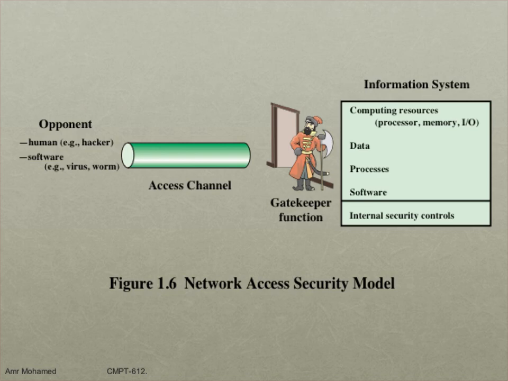Okay, so from the incoming requests to the network, or to whatever resource this is, server or database or whatever, it receives the incoming requests and then it decides, okay, this request goes on. This request, no, stop. Okay, so this is another access security model that is also very common to use.